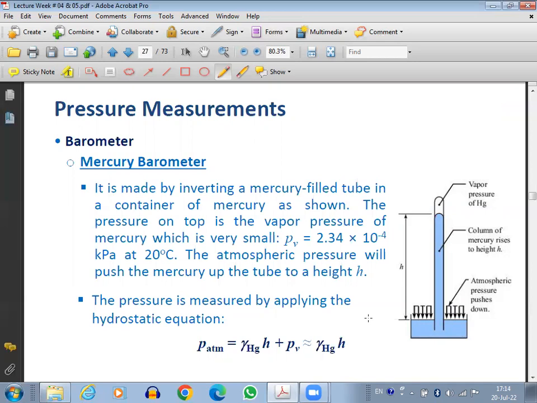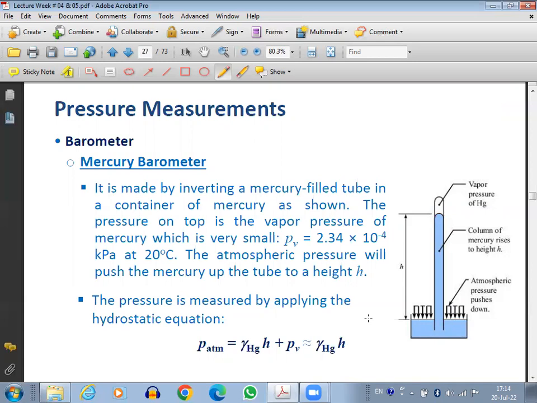First of all, why do we call a barometer a barometer? The term means heat in Greek. Bar means pressure.